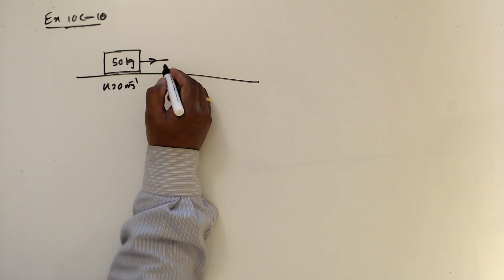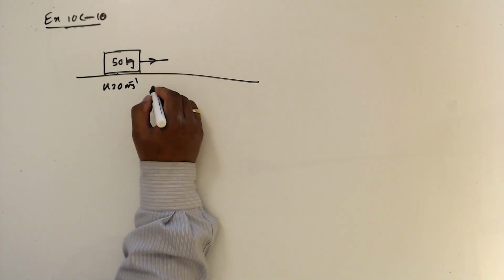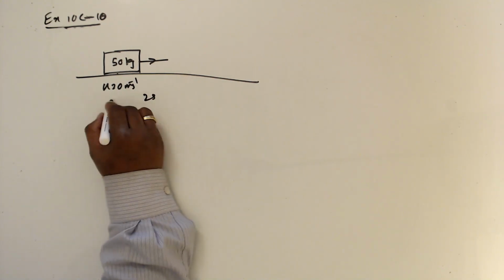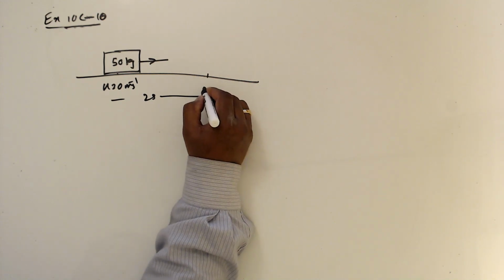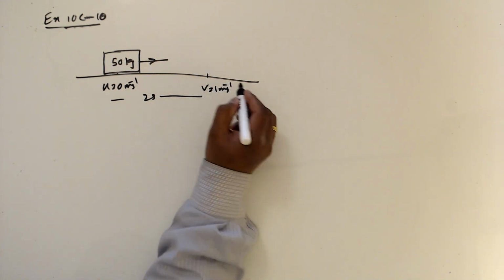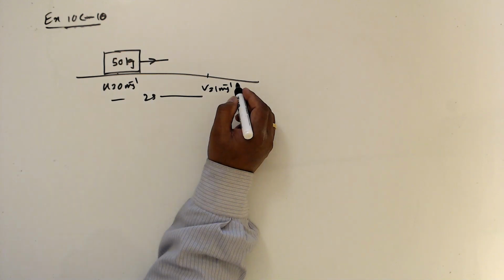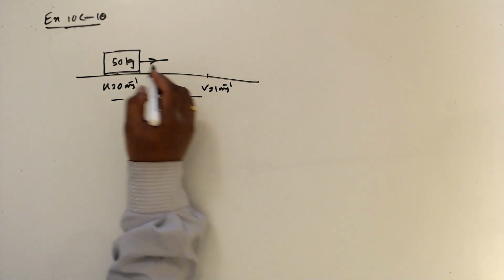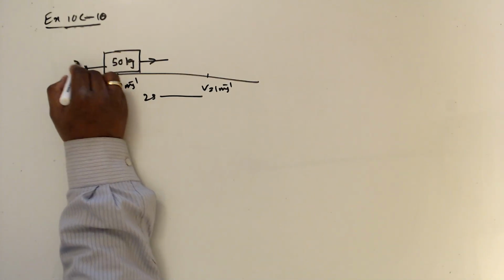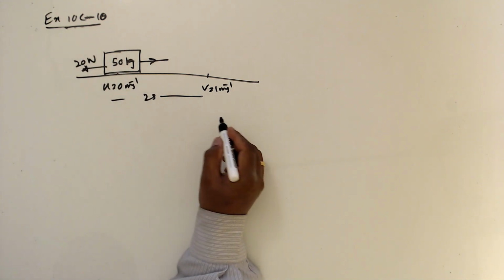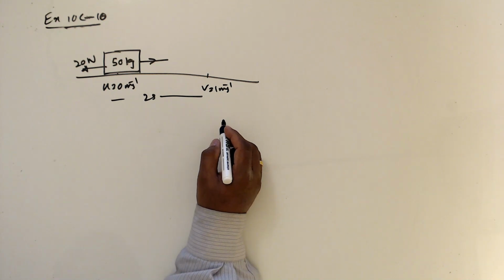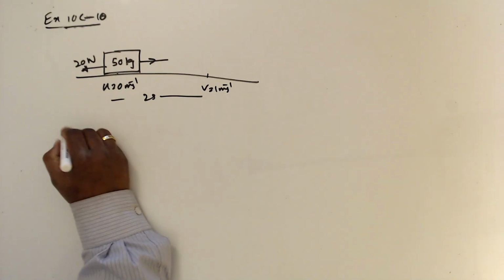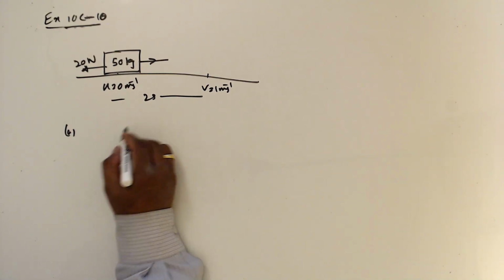After 2 seconds it will take the speed v equal 1 ms^-1, and there is a frictional force of 20 Newton resistant to the motion. And part A, we need to find the acceleration.